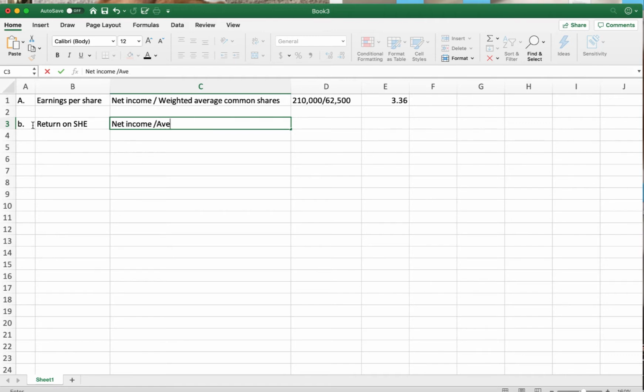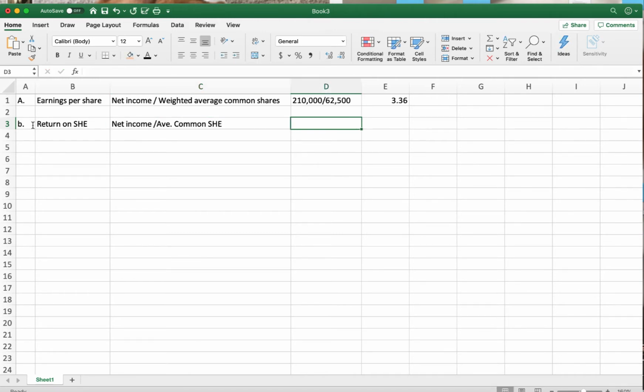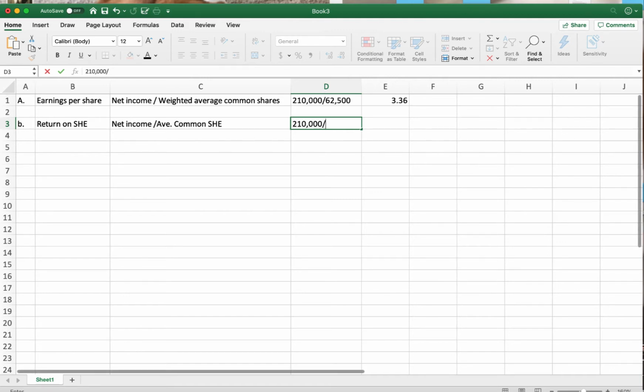Okay, so how do we do that? Well, that's pretty easy, right? I'm going to take my net income, which is $210,000, and then I'm going to divide it by the average common shareholders' equity. Okay, what numbers do I need to pick?